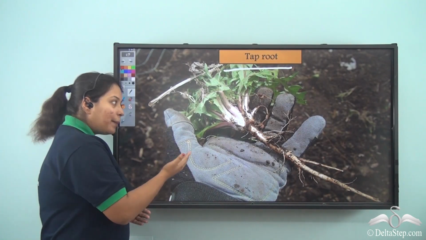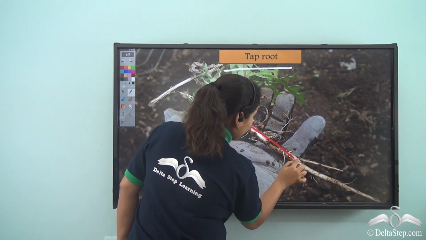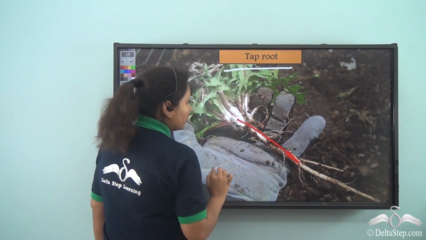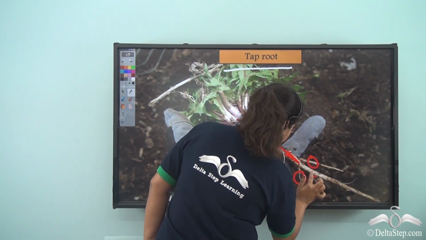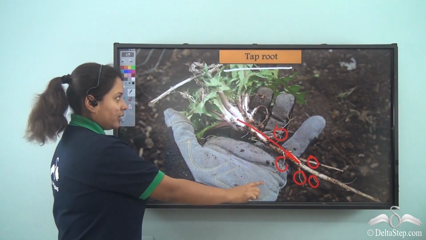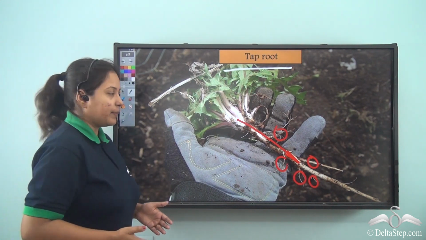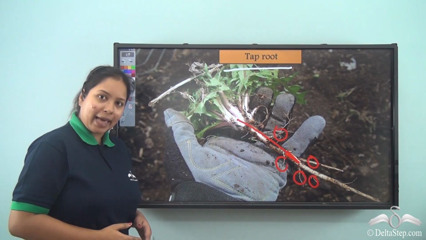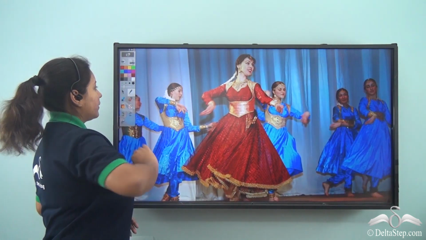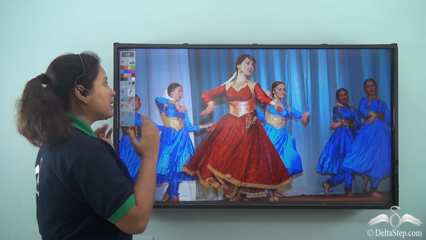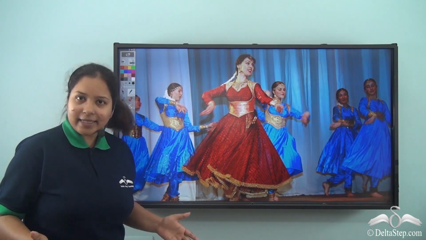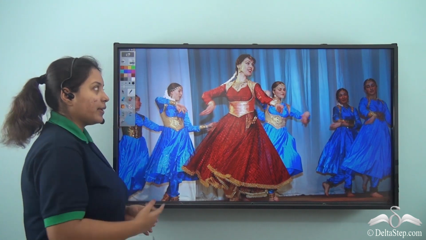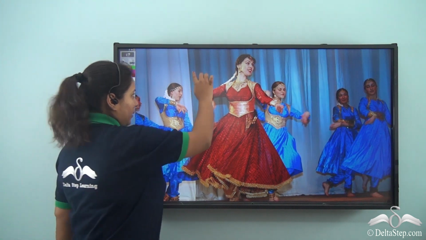Now, in the tap root, there is a main structure to which the other small roots are attached. So, there is a leader and others follow it. So, this is the type of tap root. Now, have a look at this dance performance. Over here, we see there are many dancers, but there is one main dancer, right?